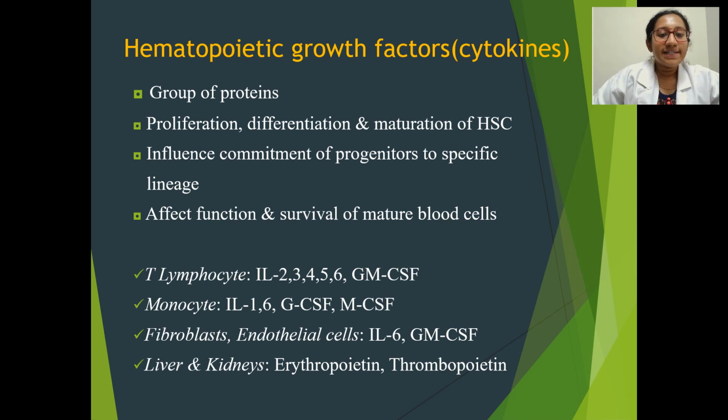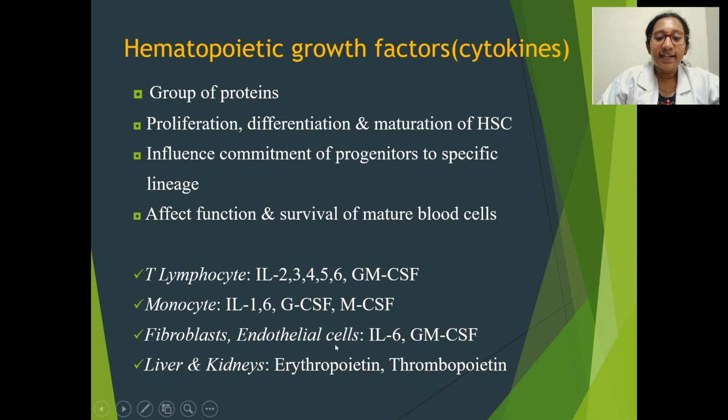So we'll see what are the different types of hematopoietic growth factors which are present and the sites of production. T lymphocytes produce interleukins 2, 3, 4, 5, 6 and granulocyte monocyte colony stimulating factor. Whereas monocytes produce interleukins 1, 6, granulocyte colony stimulating factor and monocyte colony stimulating factor.